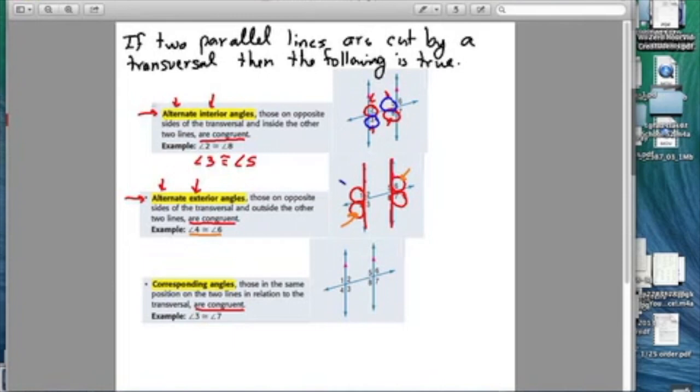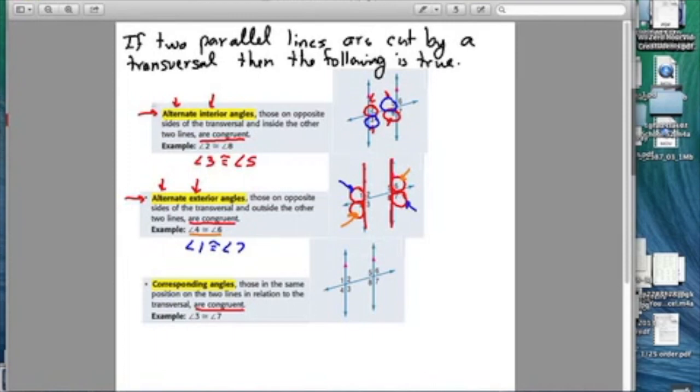Well, obviously, angle 1 and angle 7. So on your paper, you can put angle 1 is congruent to angle 7. So again, alternate exterior. Now again, if I tell you what the measure of angle 7 is, you can tell me the measure of angle 1 is exactly the same. And again, that's by the definition of congruent, meaning same size and shape.